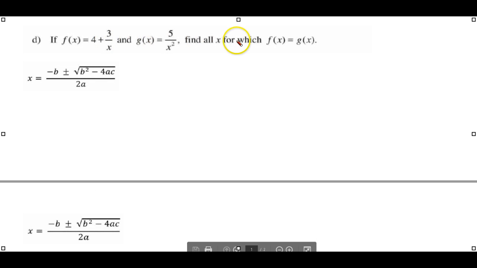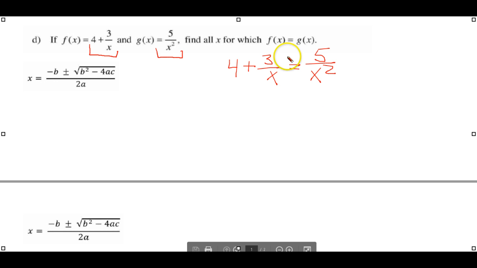Now, for this one, it's just a little tedious. We're saying that this equals this. So let's set that up. 4 plus 3 over x equals 5 over x squared.